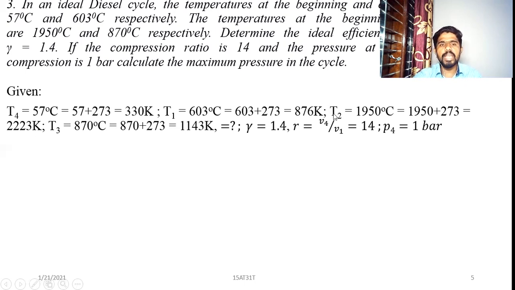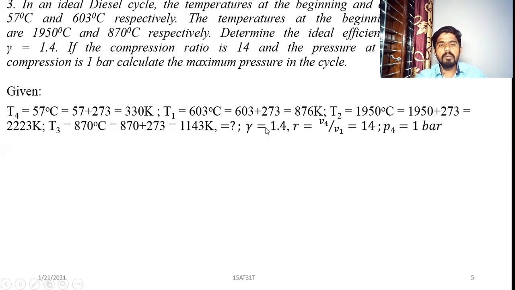Next one is T2, that's the beginning of expansion, that is 1950 degrees centigrade. If you convert into Kelvin, it will become 2223 K. And T3, the temperature at the end of expansion, T3 is equal to 870 degrees centigrade, that is 1143 Kelvin.